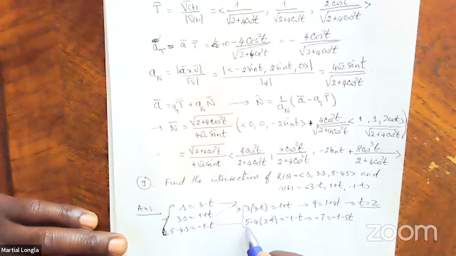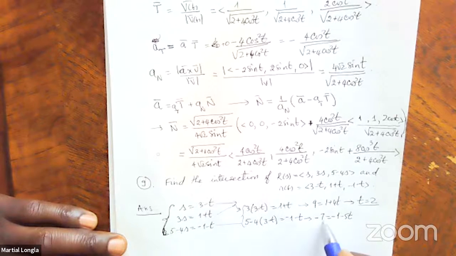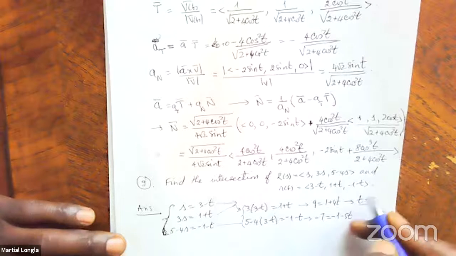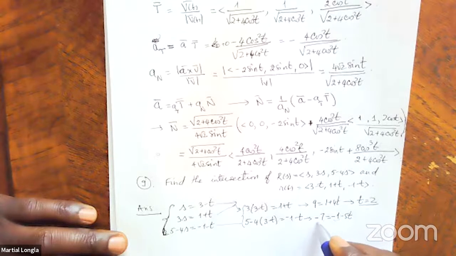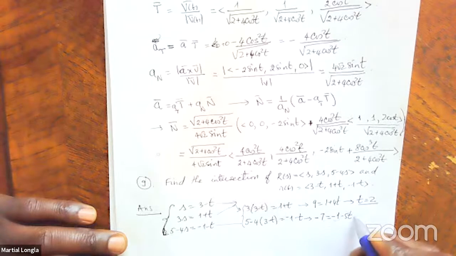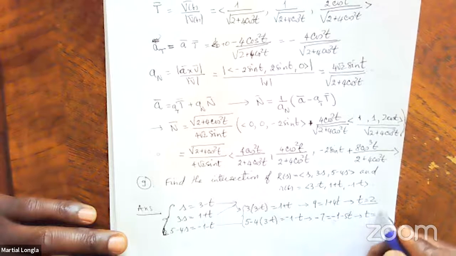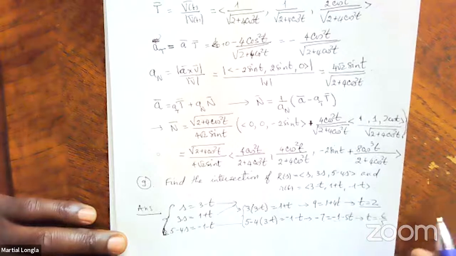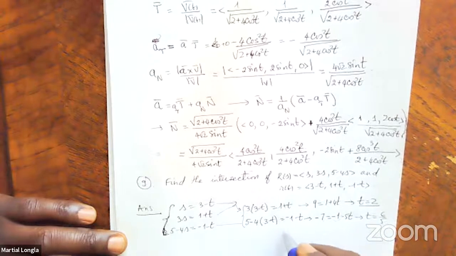4 times 3 is 12, 5 minus 12 is negative 7, and then you got a minus 1 that is here. This minus 1 goes to the left, becomes minus 6. So you get here, t equals 6/5. So it's not the same t. So different values.